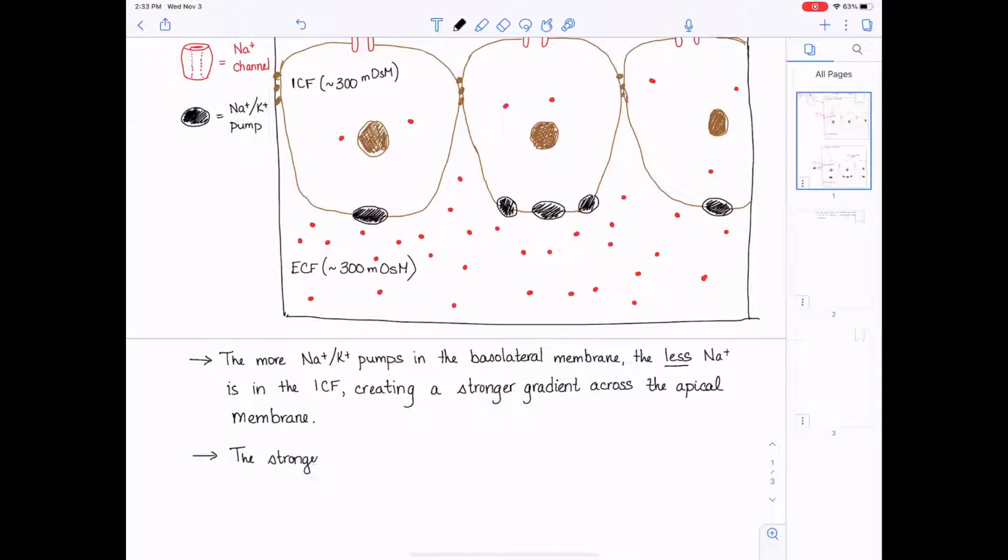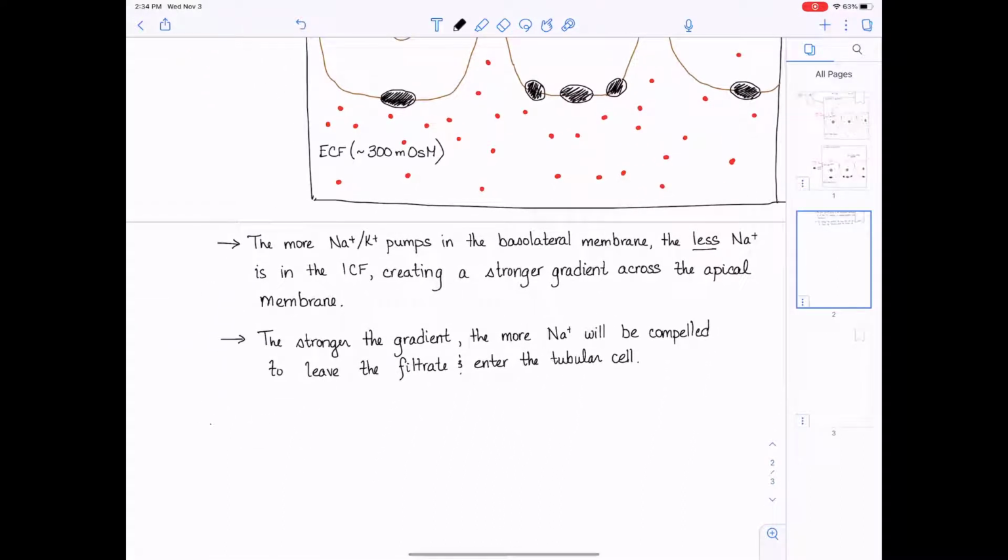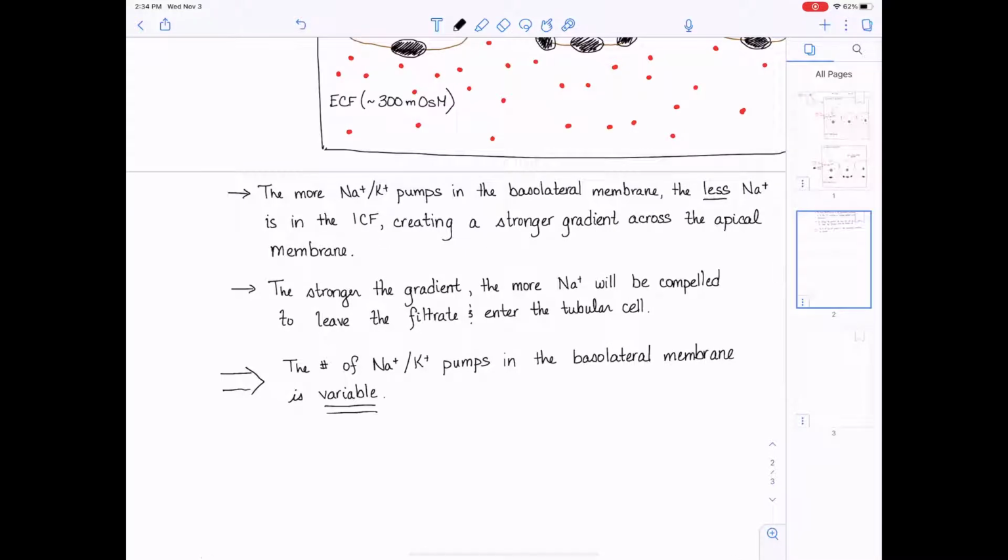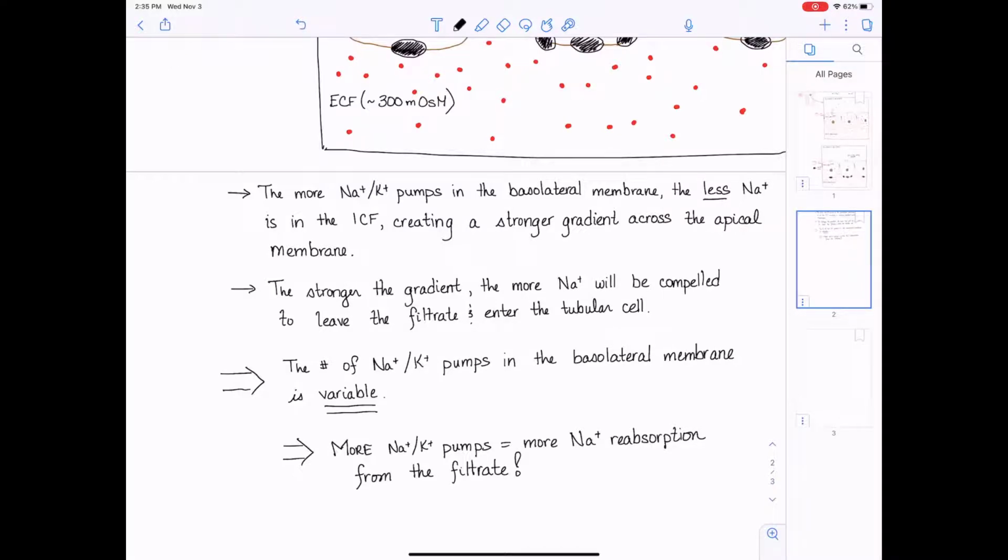The stronger gradient is going to compel more sodium to diffuse into the cell. And that diffusion, of course, is facilitated diffusion, but the more sodium that comes into the cell, the more reabsorption I have. So what drives sodium reabsorption here? The number of sodium-potassium pumps. The more sodium-potassium pumps I have, the more sodium I'll be able to compel into the cell and therefore reabsorb.